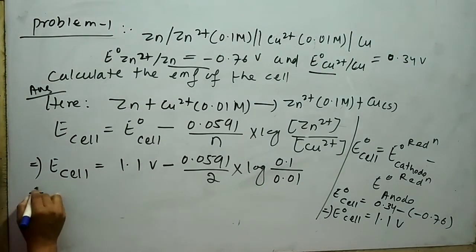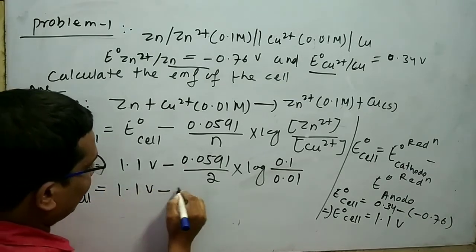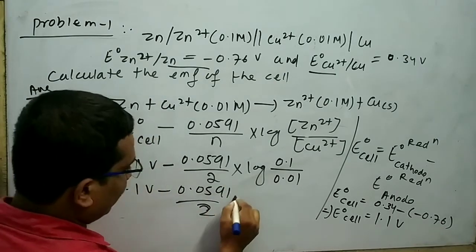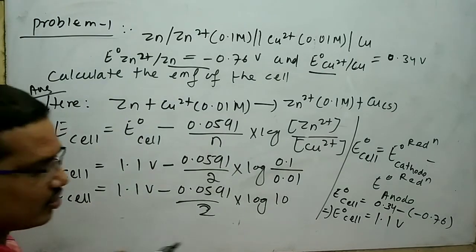Now I can solve this. E cell equals 1.1 volt minus 0.0591 divided by 2 into log of 10. The value of log 10 is 1.